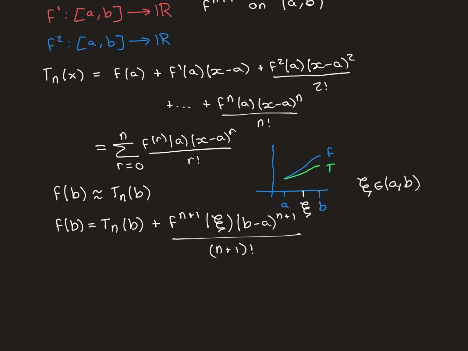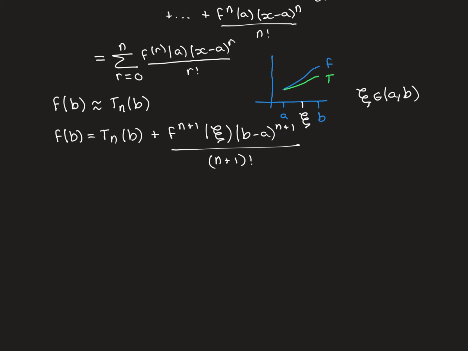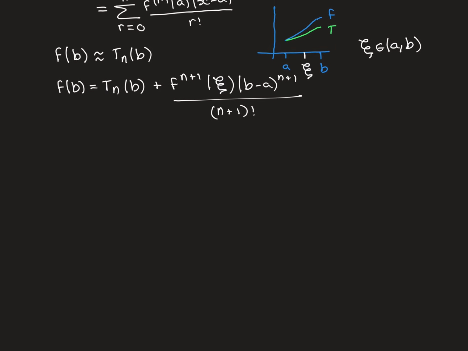So let me begin by showing you something simpler. Let me begin by showing you that there is some value, some real number here, which we'll call C, that makes this work. So f of b is a number. It's the value of the function at b. Tn of b is also a number.